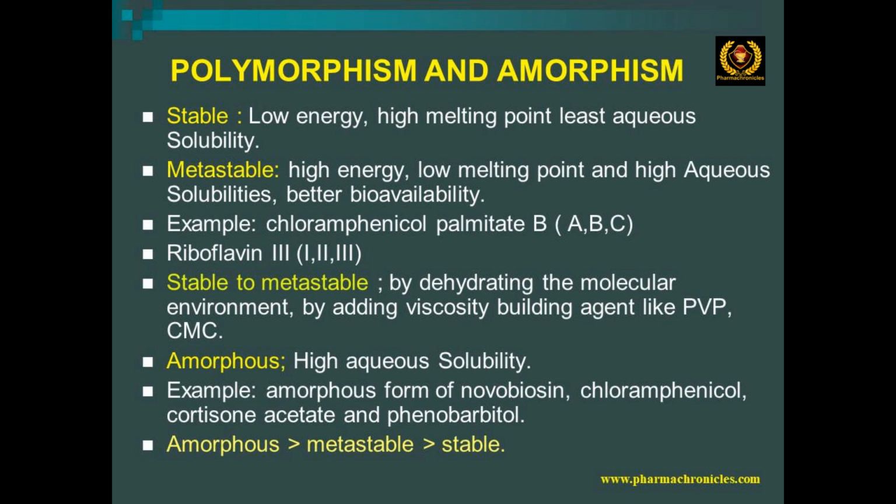Stable to metastable conversion can be achieved by dehydrating the molecular environment, or by adding viscosity-building agents like PVP and CMC. Amorphous forms have high aqueous solubility. Examples: amorphous forms of novobiocin, chloramphenicol, cortisone acetate, and phenobarbital. Amorphous forms are metastable.